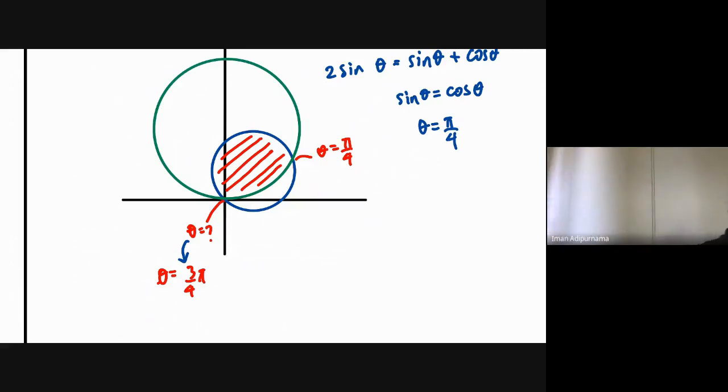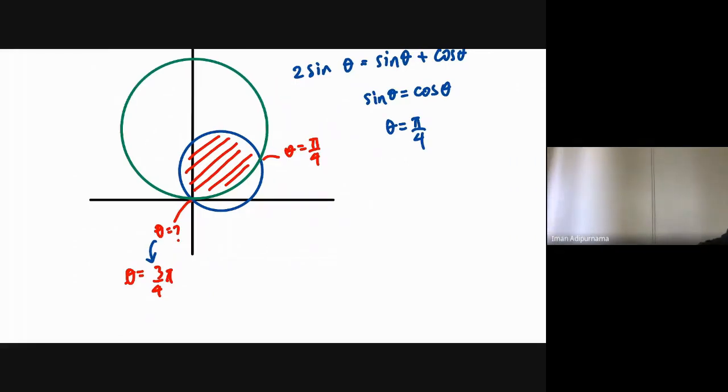And now to calculate, let me draw. So this is theta equal pi over 4. Let me make a new line.